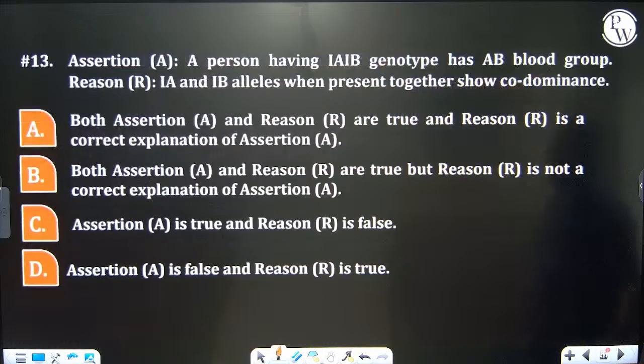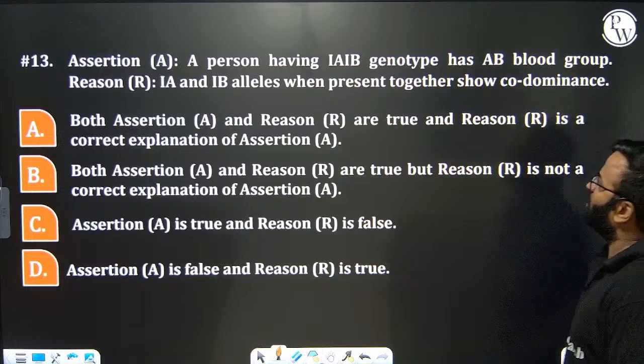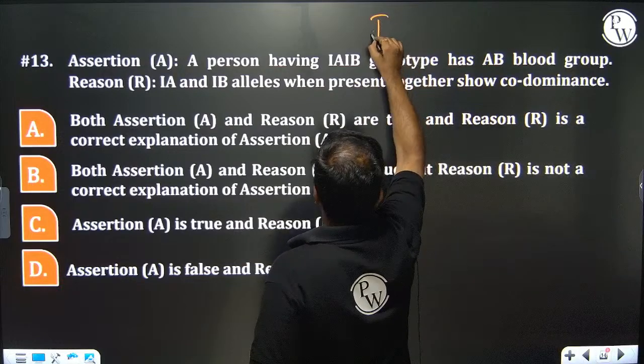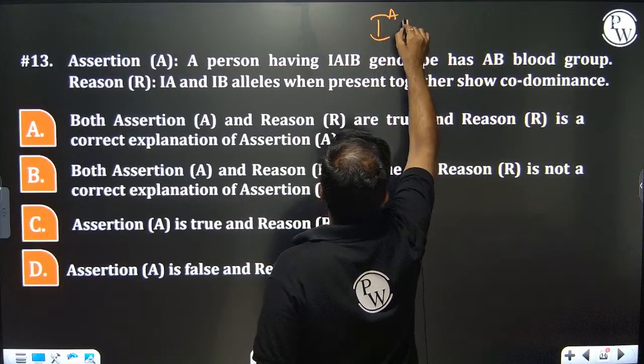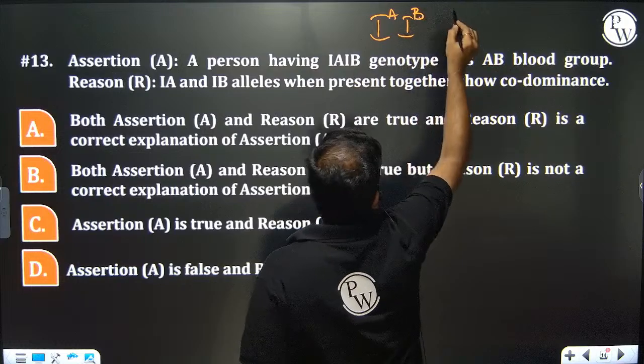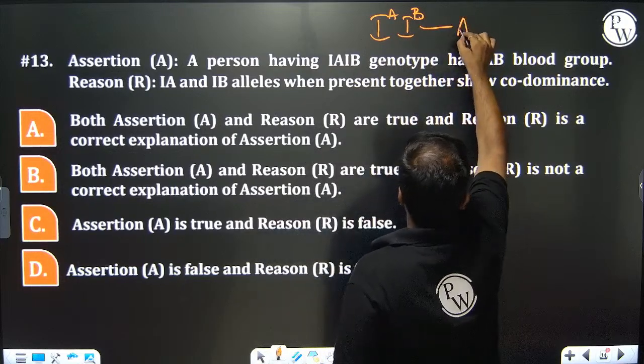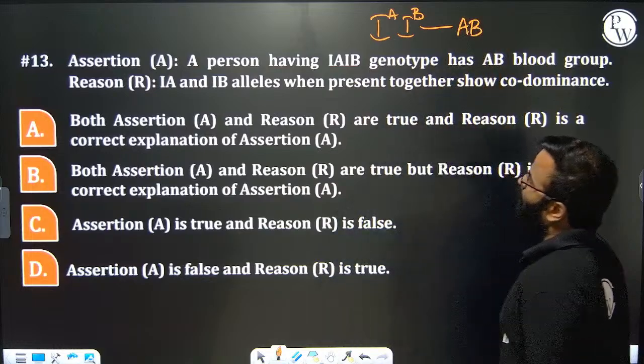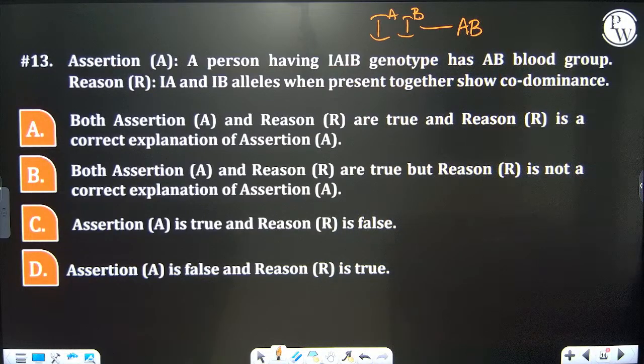Okay, next one. A person having IA and IB genotype has AB blood group, which is true. Let's see the reason statement.